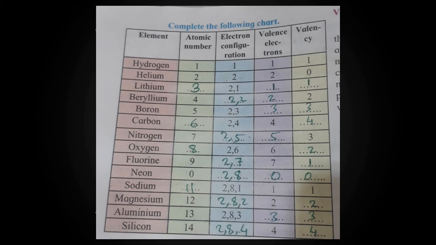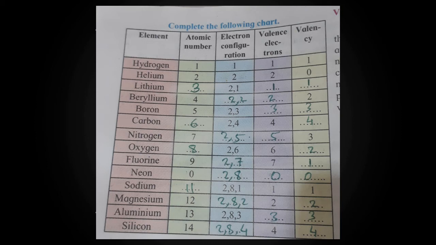Next element is carbon. A very famous element because it is used widely. The atomic number of carbon is 6. That's the reason its electronic configuration becomes 2 in the first orbit and 4 electrons in the second orbit. That's the reason the valence electron is 4.